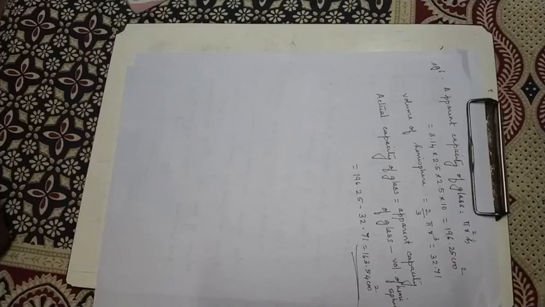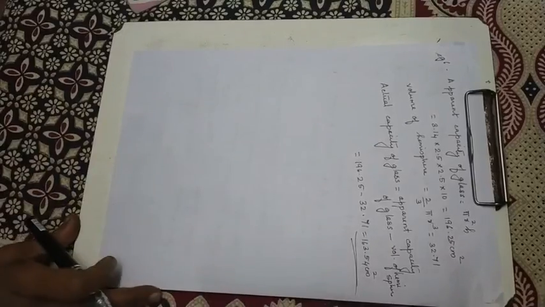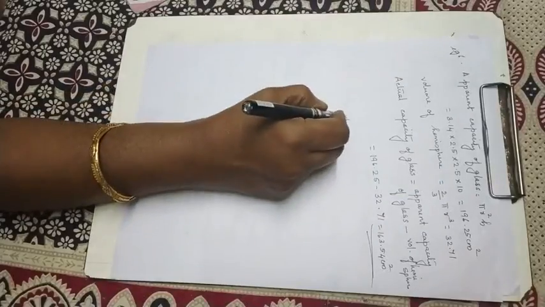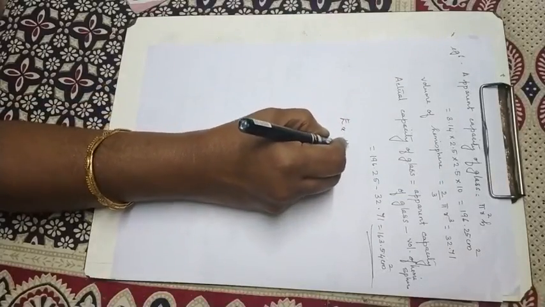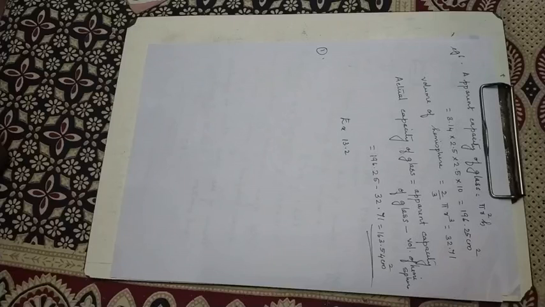Now exercise 13.2, first one. A solid is in the shape of a cone standing on a hemisphere with both their radii being equal to 1 centimeter and the height of the cone equal to its radius. Find the volume of the solid in terms of pi.